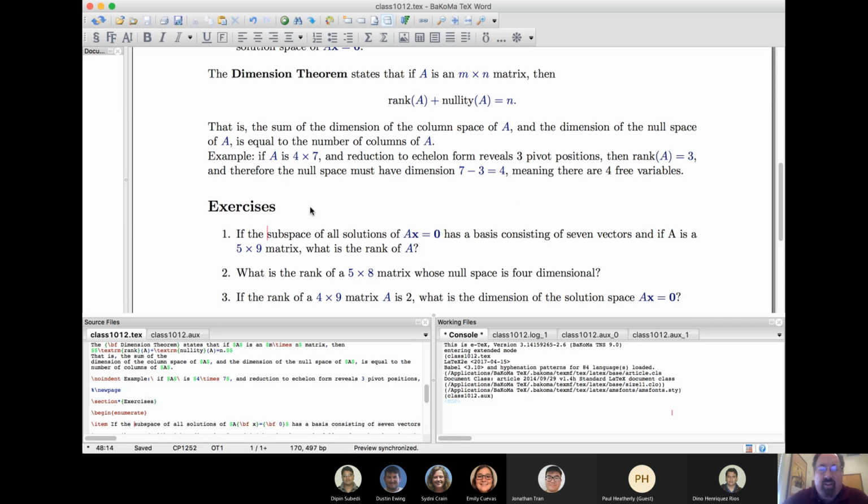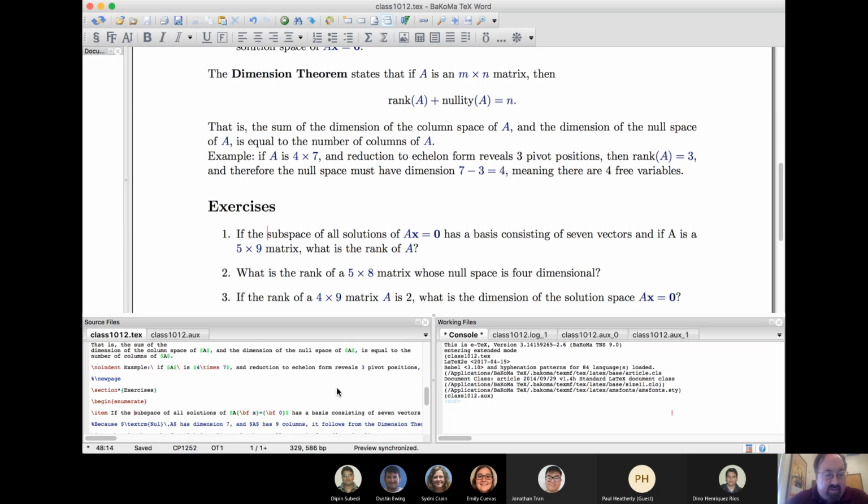Yes, it is, because the subspace of all solutions of Ax equals 0, that's the null space. A basis consisting of 7 vectors means the dimension, because remember, dimension is the number of vectors in a basis. The dimension of the null space is 7.